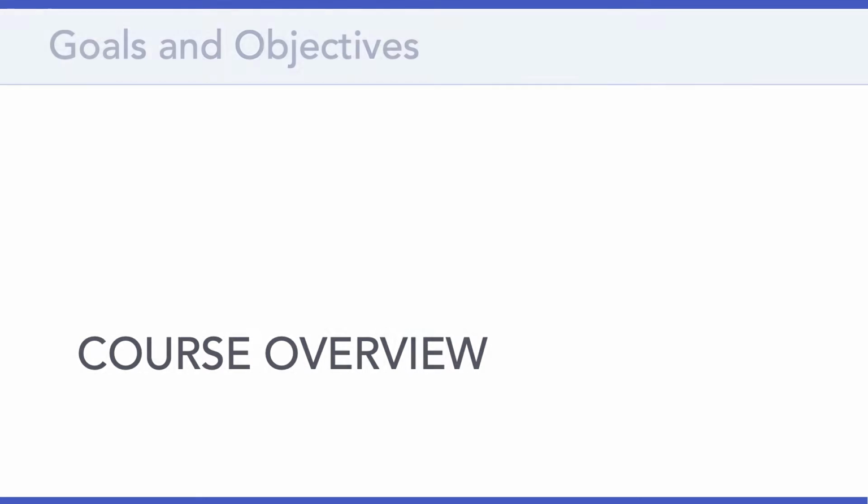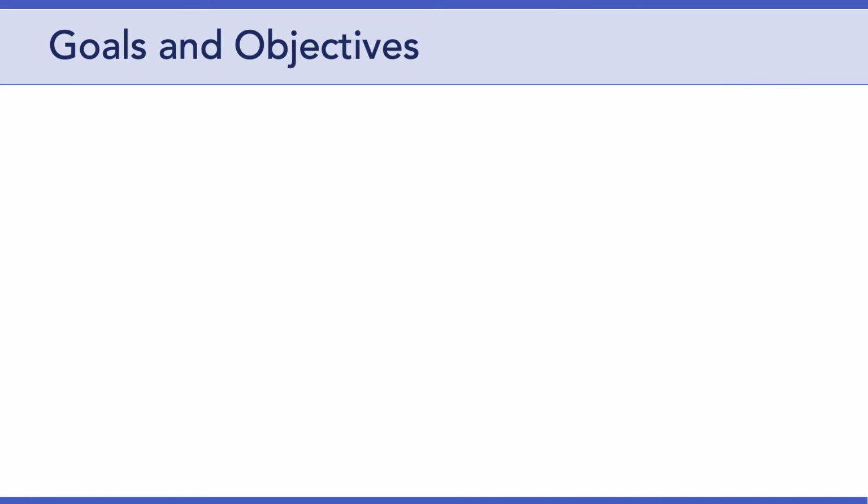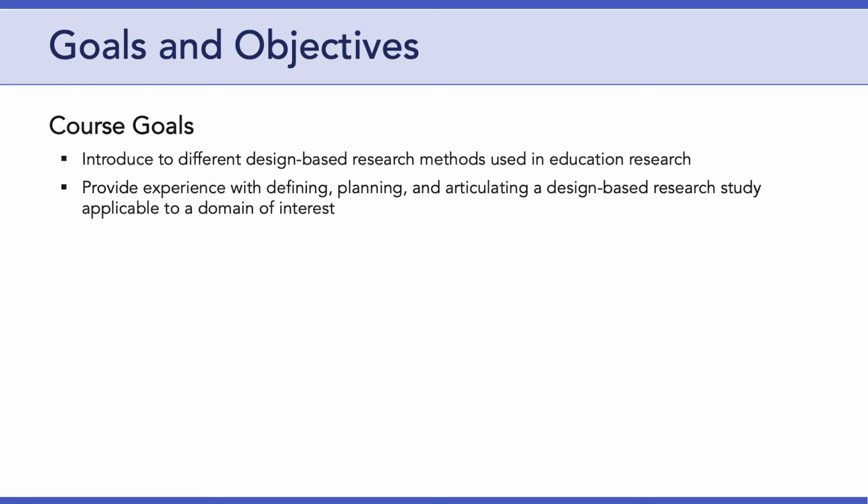Now that you know a little bit about me, let's take a closer look at the course itself. As an advanced methods course, LTEC 782 has 2 goals. The first goal is to introduce you to different design-based research methods used in education research. The second goal is to provide you with experience in defining, planning, and articulating a design-based research study that's applicable to your area of interest.